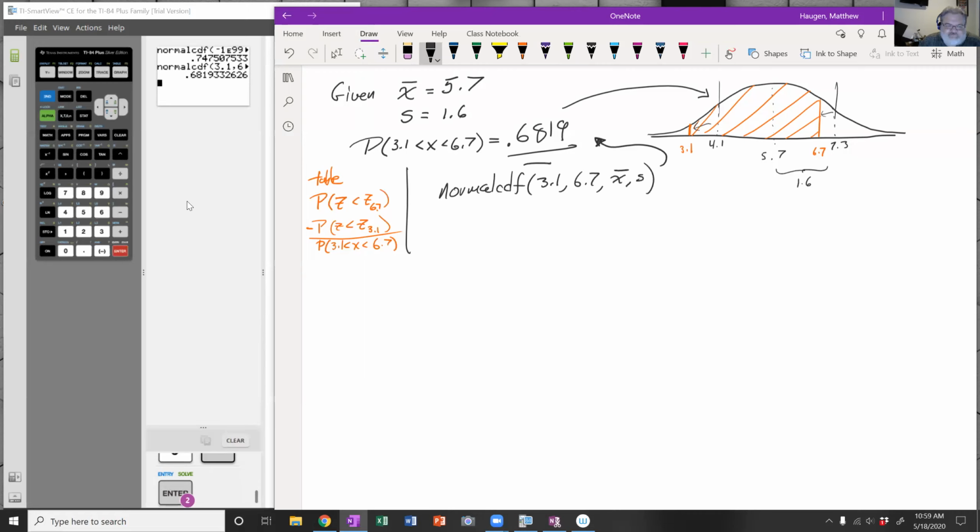Questions about that? Are you drawing the diagram? It'll make a difference. The diagram does help you get an idea if your answer is reasonable. Well, and that's one of the dangerous things with the calculator. If this had said 0.418, it's really easy to go, okay, that seems reasonable.